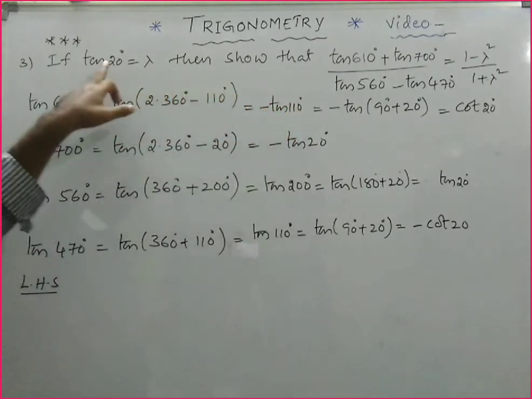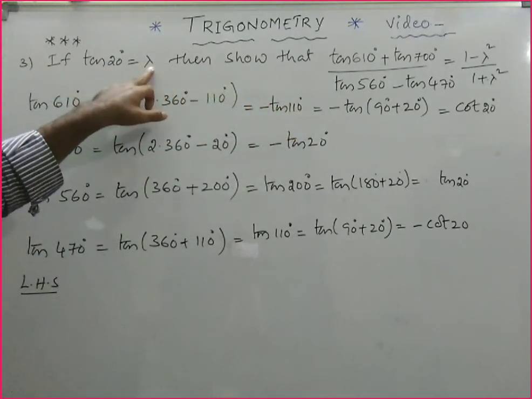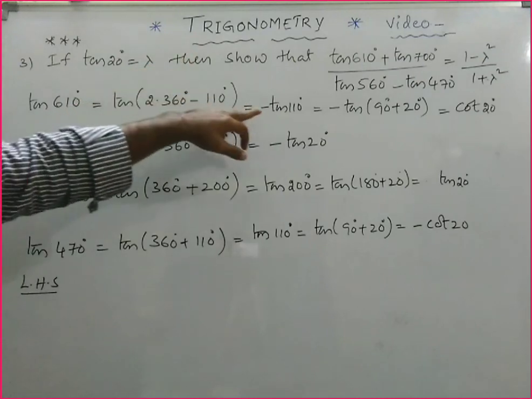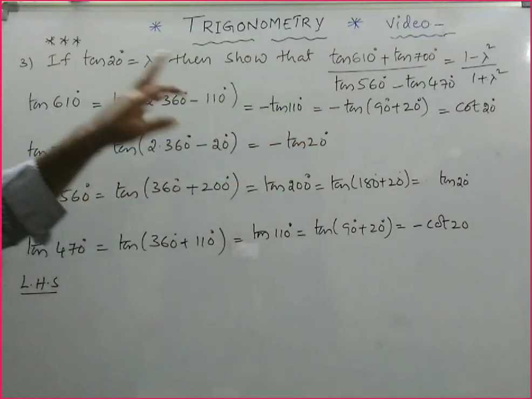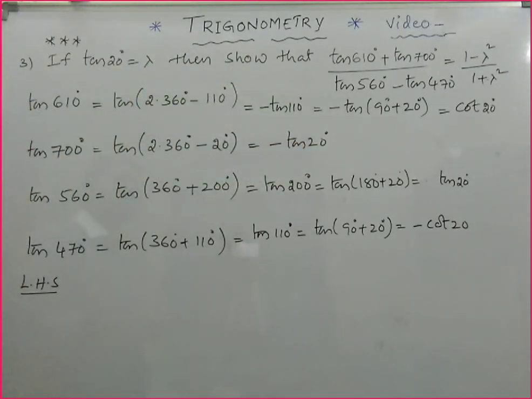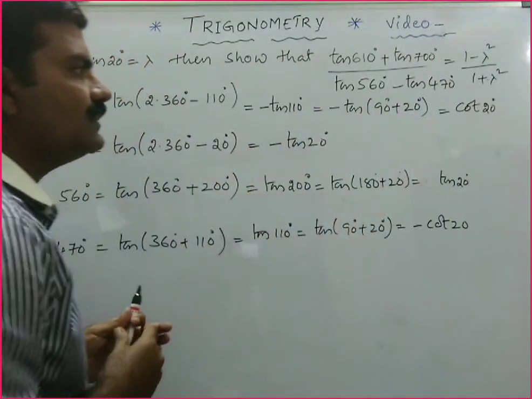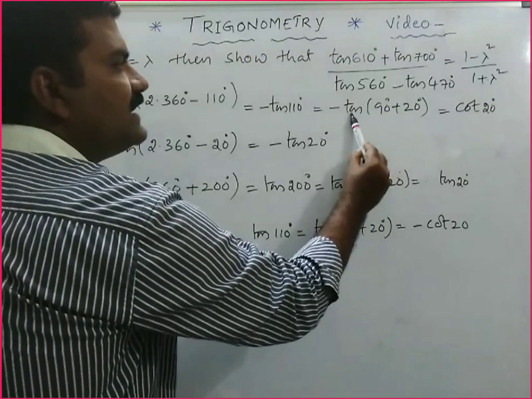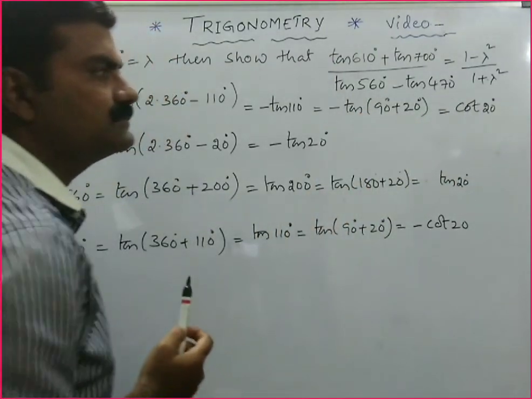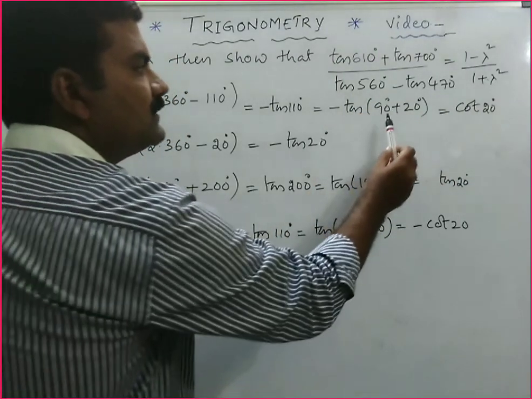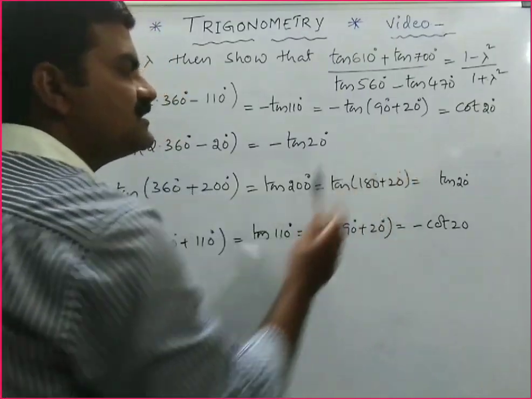But you know, my dear, we know only tan 20 as lambda. So 110 should still be expressed in terms of 20. Hence, I want to write 110 as 90 plus 20. Now because of 90, tan changes into cot. And moreover, this is 90 plus theta, which is the second quadrant.